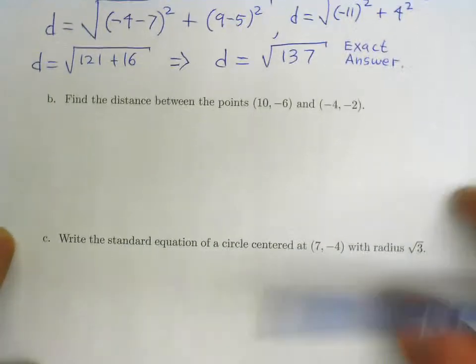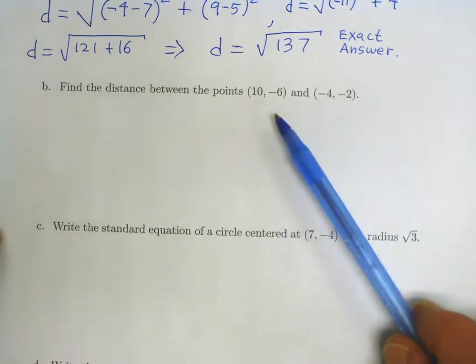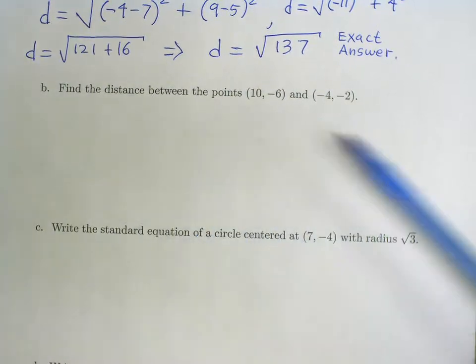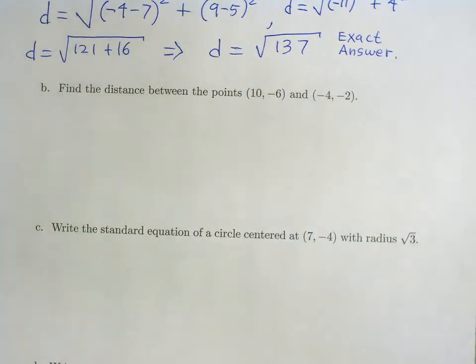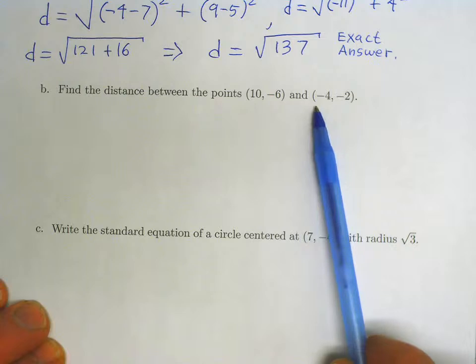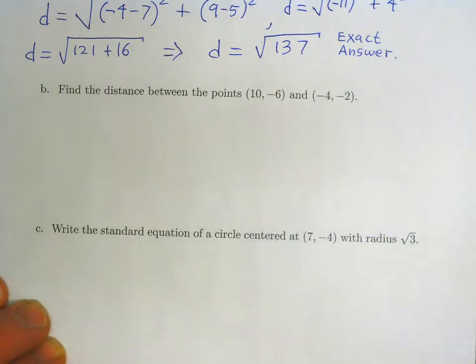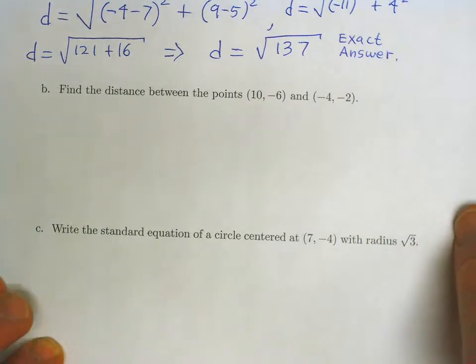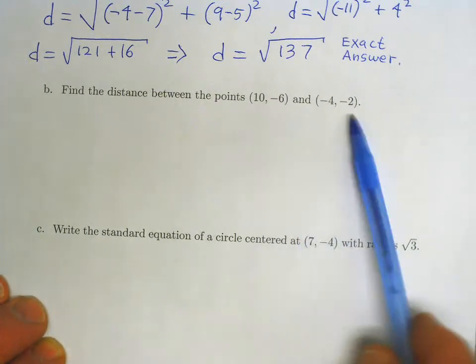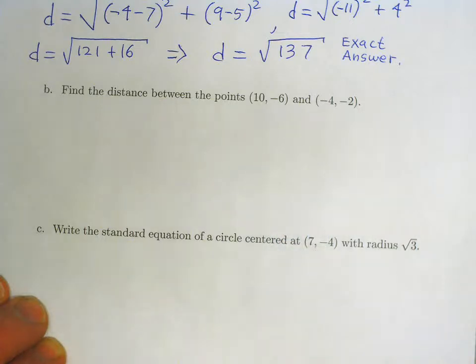Okay, let's find the distance between the next 2 points. On this one, find the distance between the points (10, -6) and (-4, -2). We have some examples that involve negative numbers so that you can iron out any problems you have with arithmetic involving negative numbers.